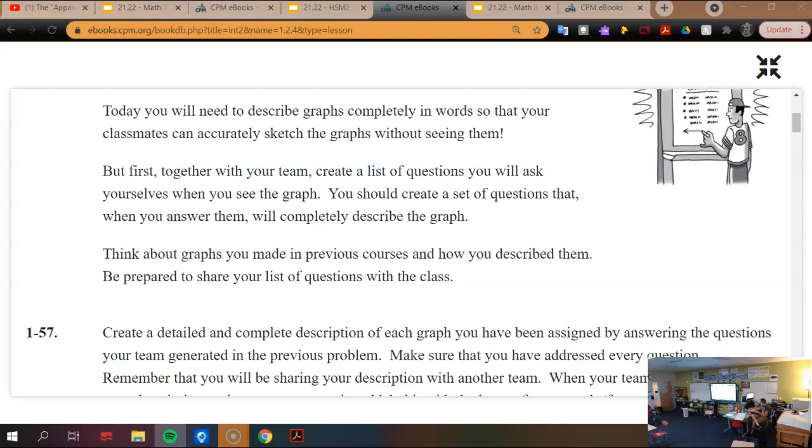Is it connected to itself? Like, are there any holes in the line? Are there any places that there are multiple lines? Or is it all one continuous line? It's not continuous. I think your easiest answer is no. No. What's the y-intercept?